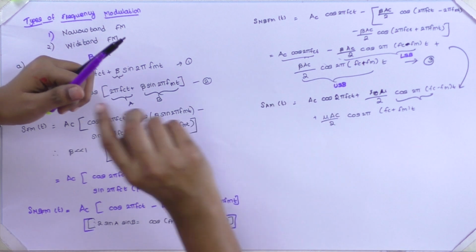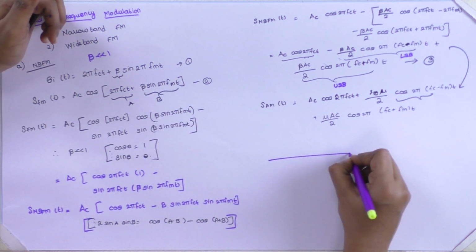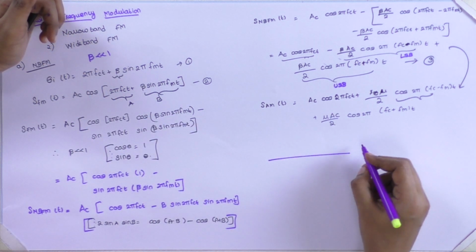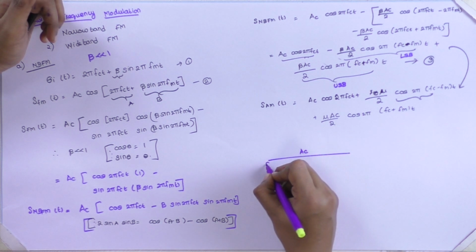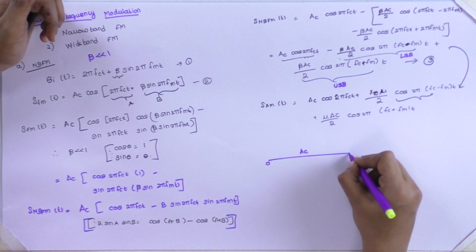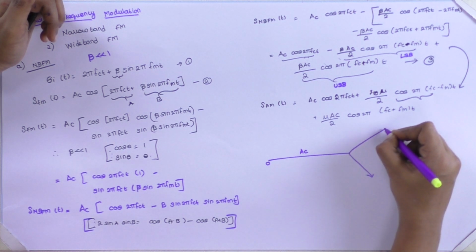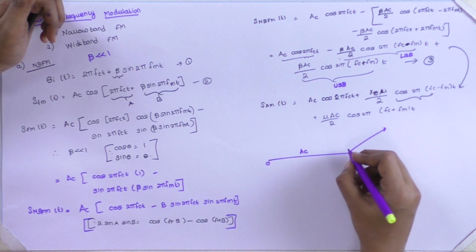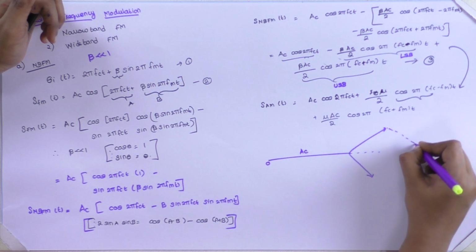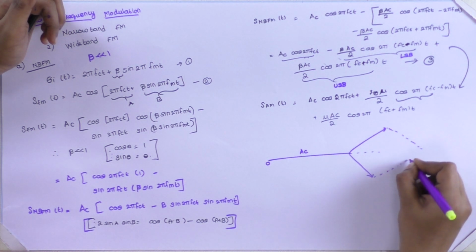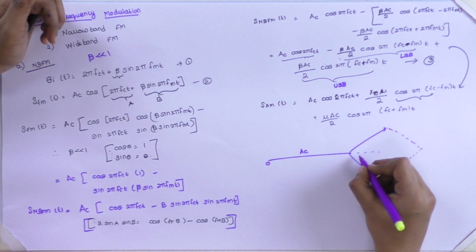Therefore, looking into the phasor diagram, this is the phasor diagram for the amplitude modulated wave. This is our carrier AC, this is our LSB, this is our USB, and this is the resultant spectrum for LSB and USB.